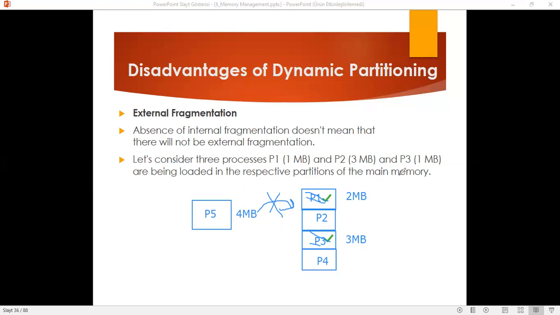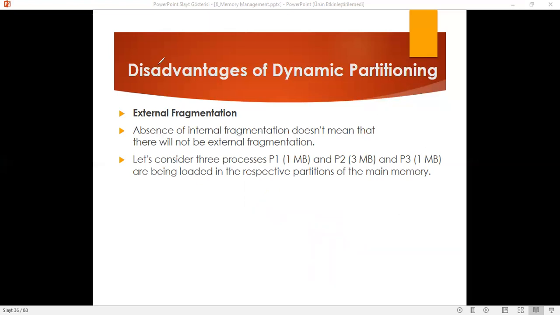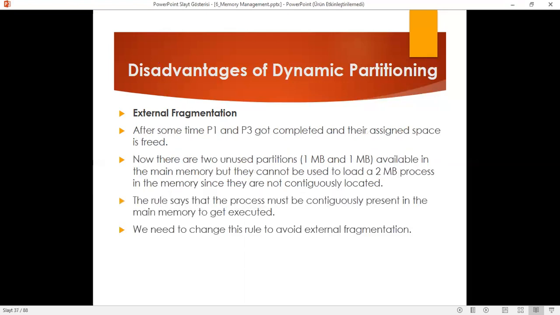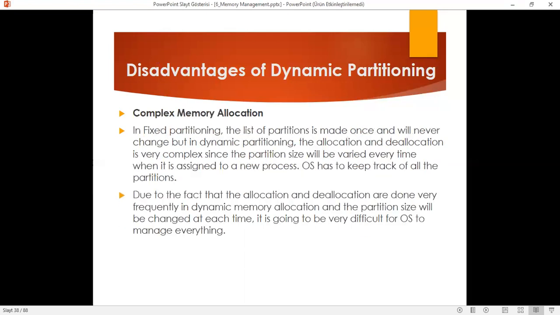We don't have internal fragmentation, but we have external fragmentation, and it is sometimes not allowing the processes to be put into memory, in spite of there being enough empty space.